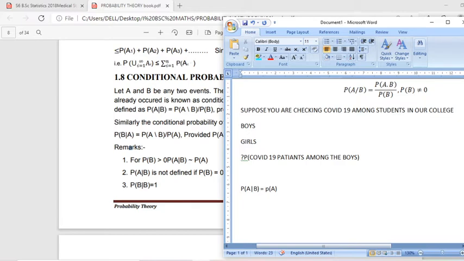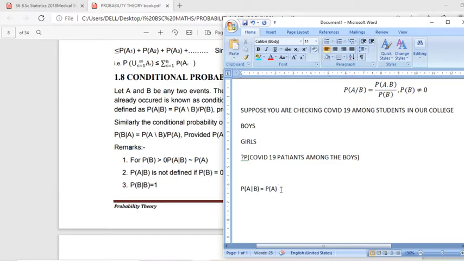There is no influence of B on A. With B, the probability of A is the same as without B. That means there is no influence of B on A in terms of probability.